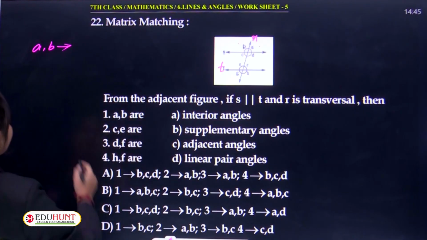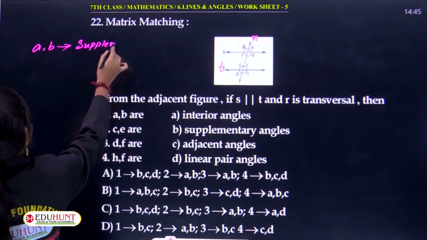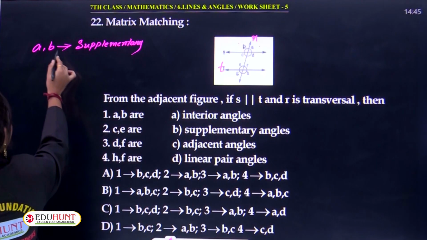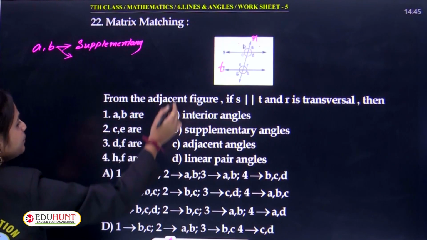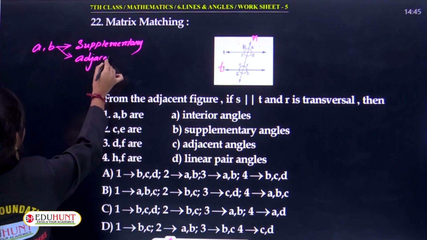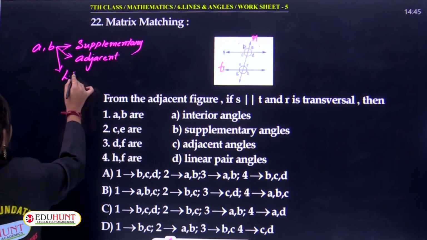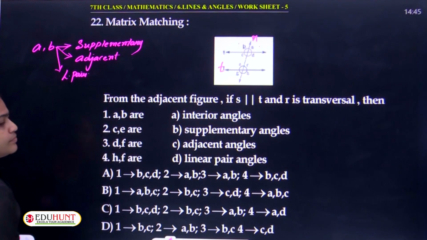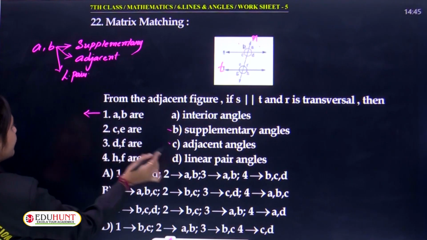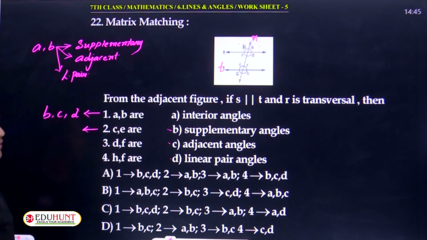Yes, those two are supplementary angles. And in the same way, A and B are adjacent angles also. And those two form a linear pair also. Then for A, B, R, which option is satisfied? B, C, D satisfies.